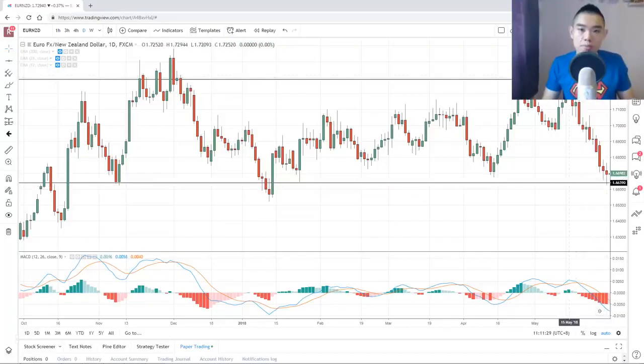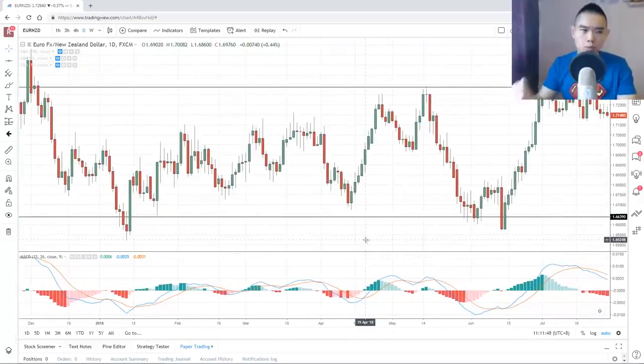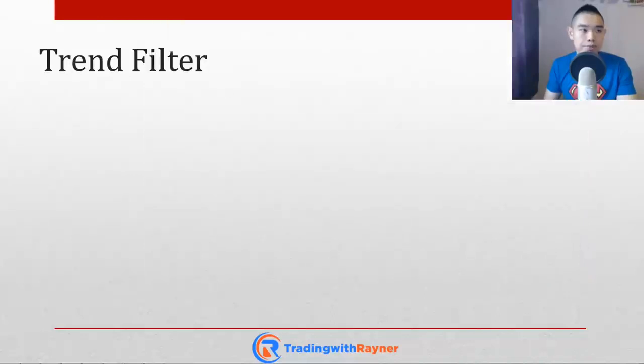Chances are your stop loss might be above this high, a very large stop loss, which offers you a very poor risk to reward on your trade. So don't chase breakouts whenever you see strong momentum on your MACD histogram. This is another very useful filter that you can use when you're trading breakouts. But we'll talk more about breakouts later. So this is just an extra bonus tip for you.